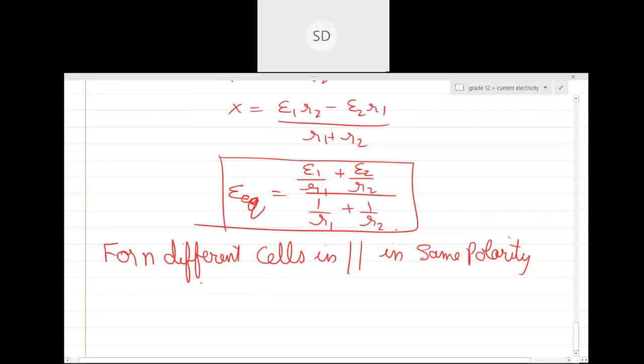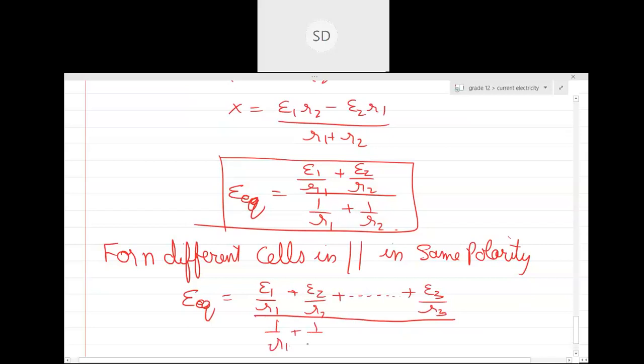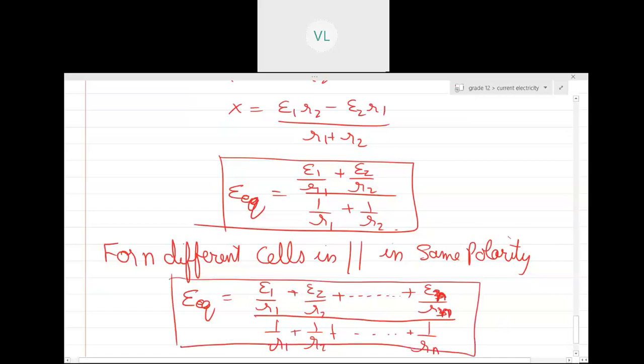Then E equivalent will be equal to E1 by R1 plus E2 by R2 plus E3 by R3, divided by 1 by R1 plus 1 by R2 and so on. Please remember, 1 by R1, 1 by R2 are what? That is 1 by R equivalent, right? So this is your E equivalent.